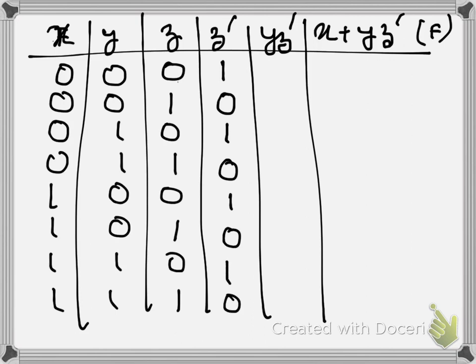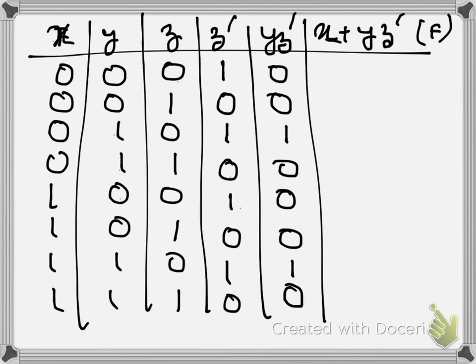Okay. Then yz dash would be 0, 0, 0, 1, 0, 0, 0, 0, 1, 0.